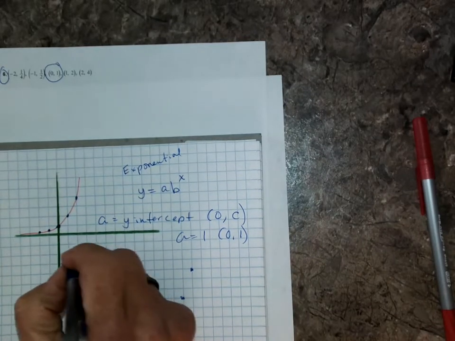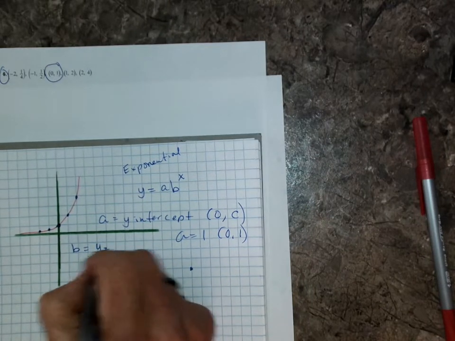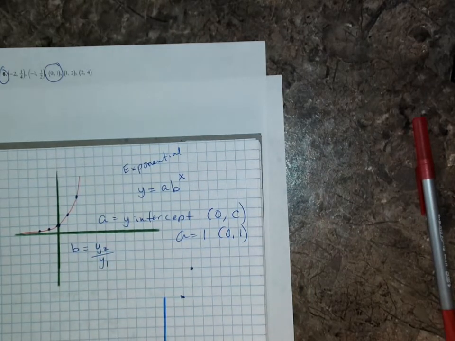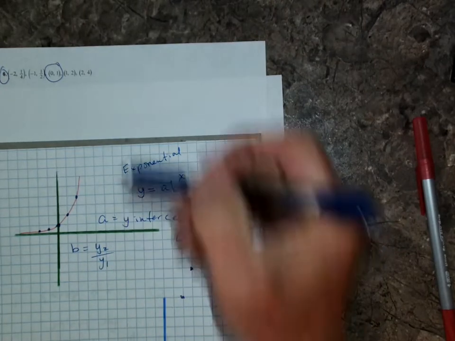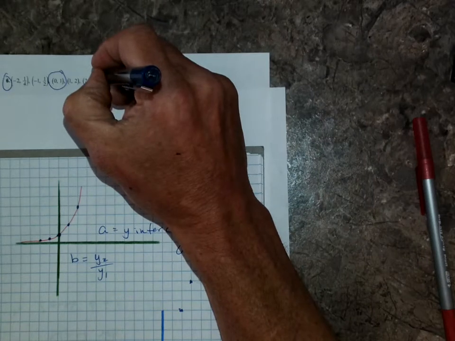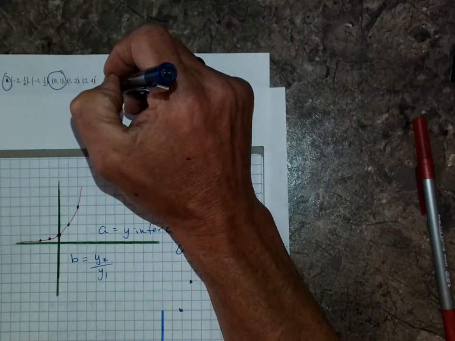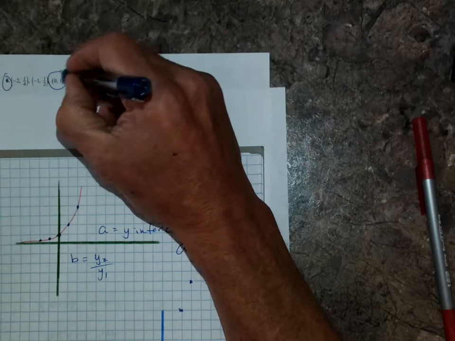Now my growth rate, or my b, is going to be really my second y value, y2 divided by y1, okay? So y2, I'll take my 2 and my 1, okay?